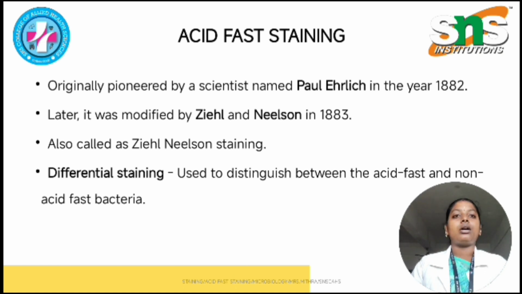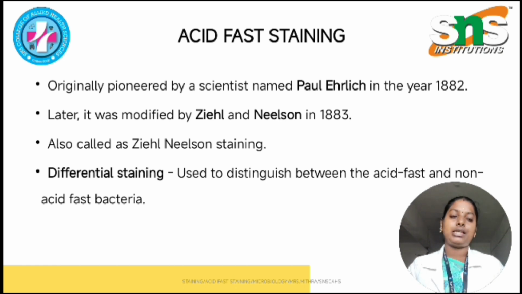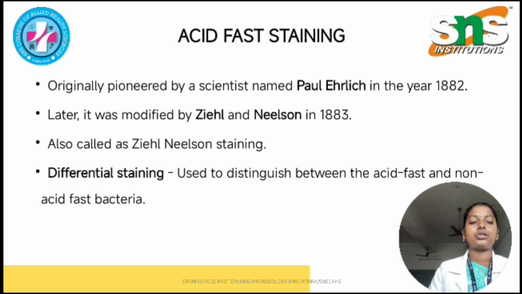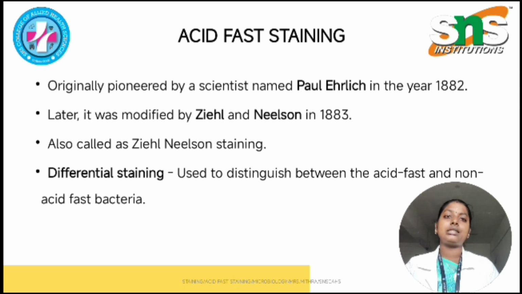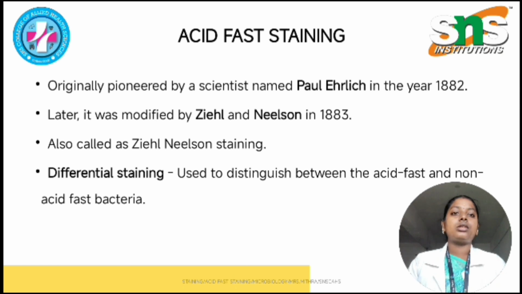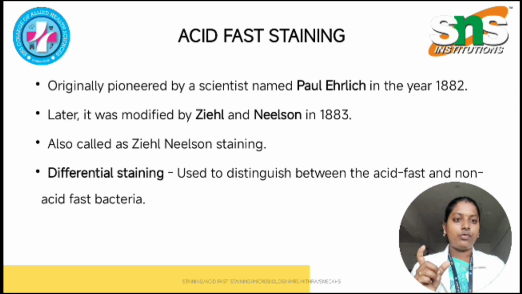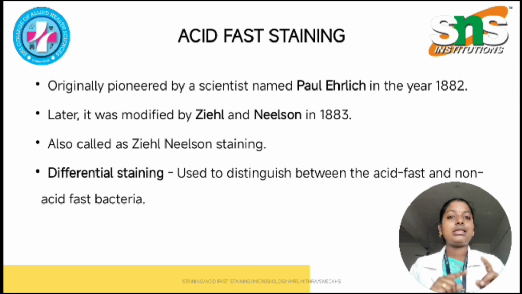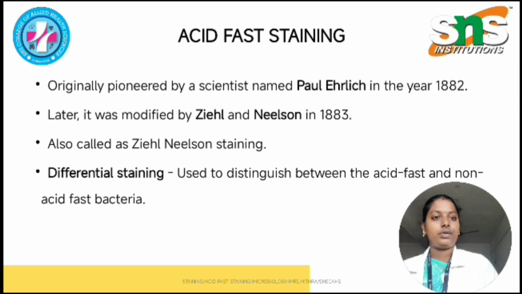So acid fast staining is also called Ziehl-Neelsen staining, named after the scientists. Both are the same. As I said before, it is a main form of differential staining used to distinguish between acid fast bacteria and non-acid fast bacteria.